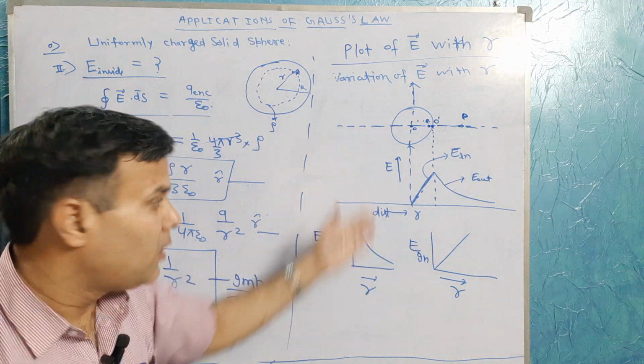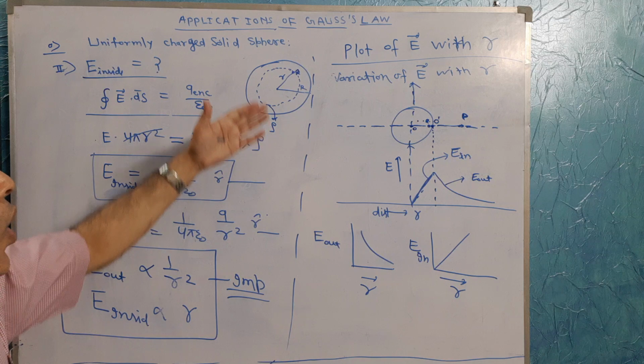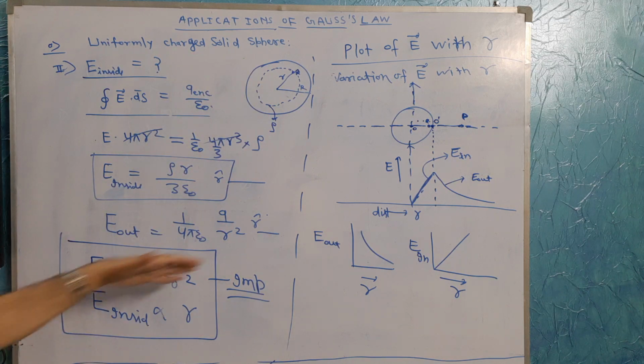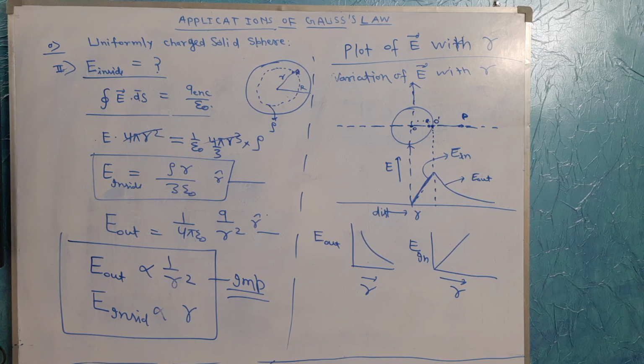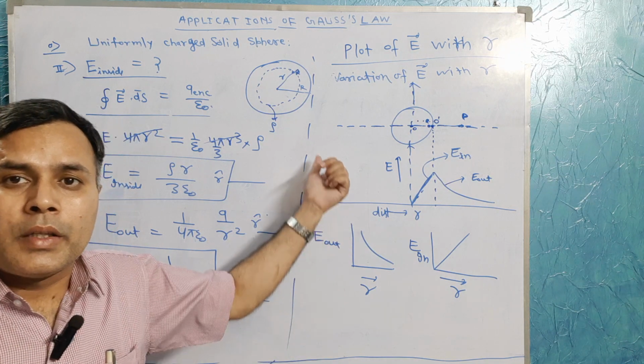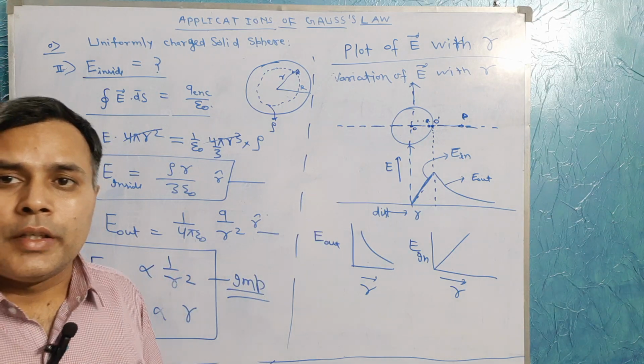There are n number of objective questions, so just go through this and try to understand the concept of Gauss law for the case of a uniformly charged solid sphere. Thank you.